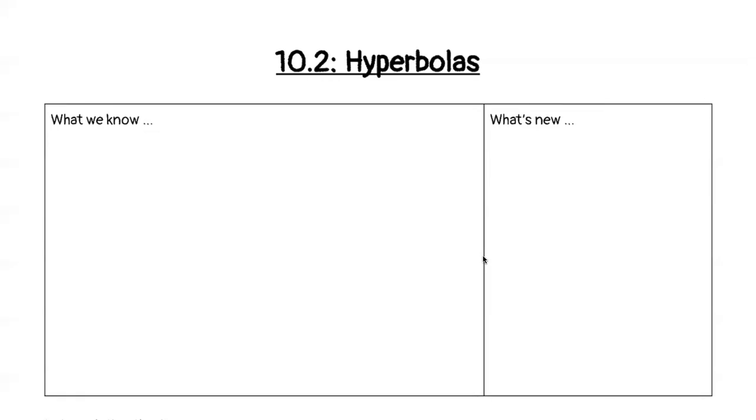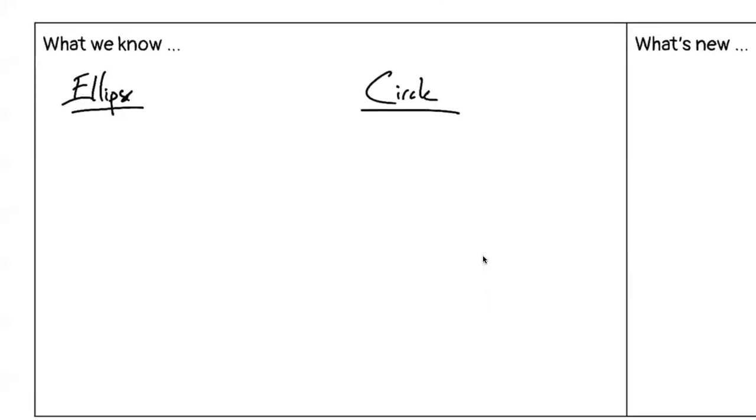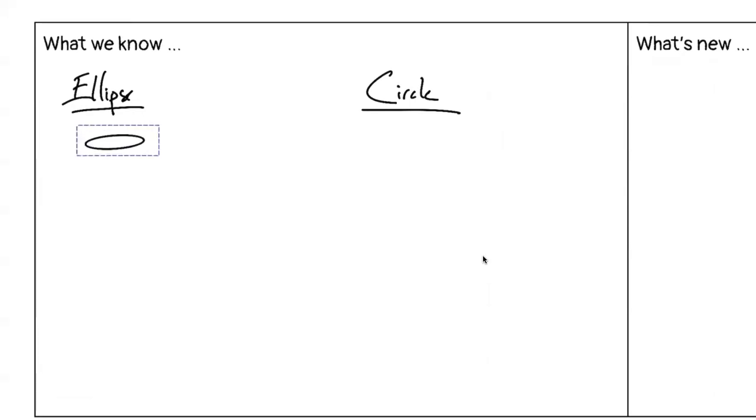And so just as a very quick reminder, let's talk about the ellipse and the circle. And if we think about how they are similar or how they are different, in both cases, we can take a cone and take a slice of this said cone.